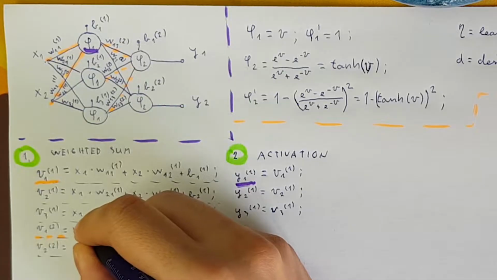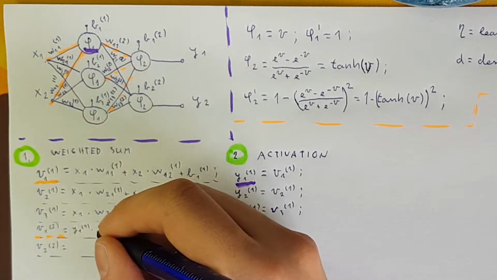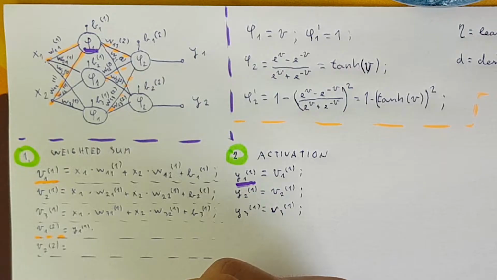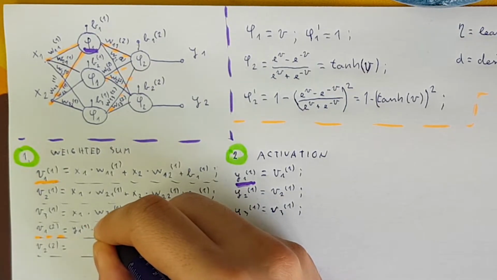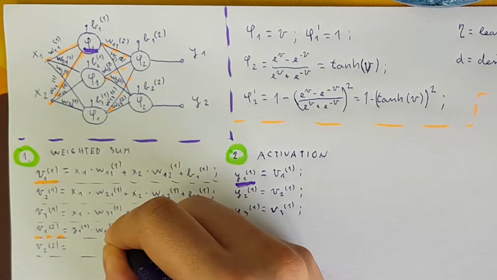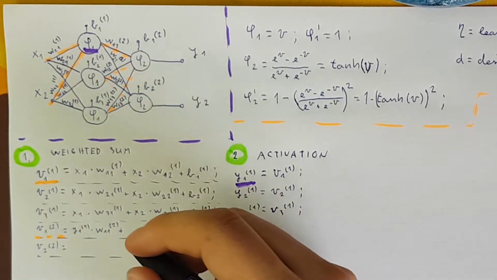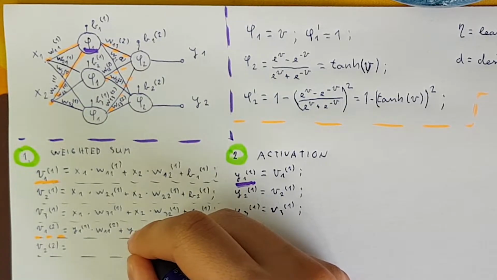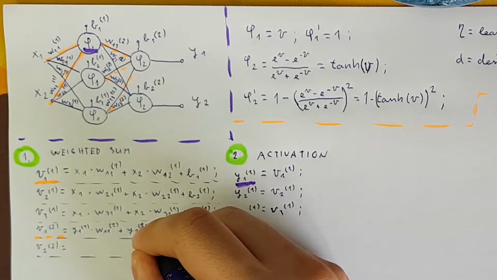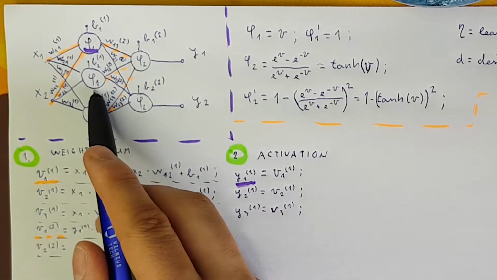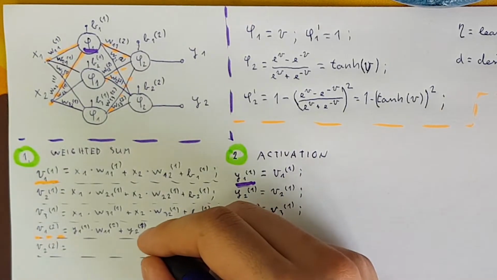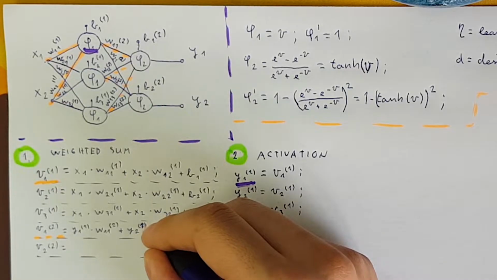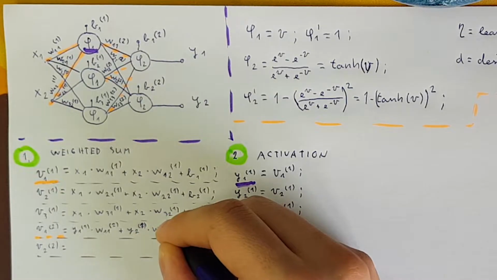Y1 of first layer is multiplied by W11 of second layer, added Y2 of the first layer, which is here, multiplied by W12 of second layer.